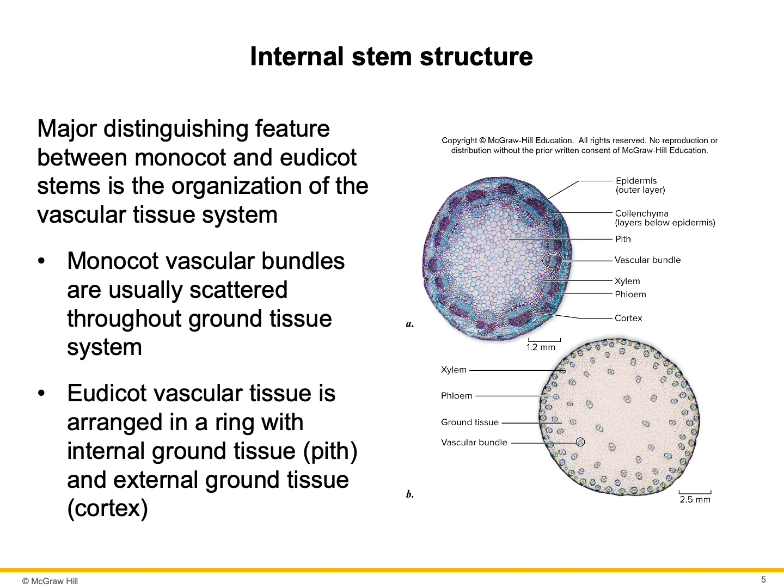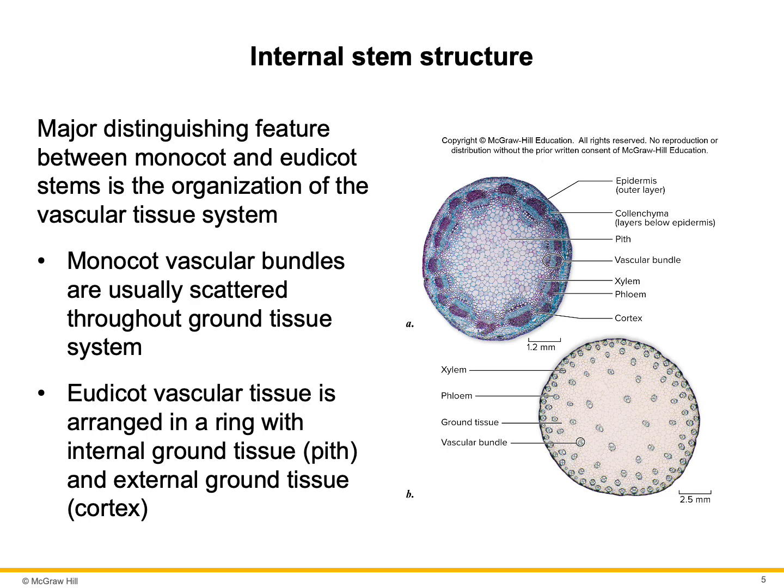When you look at the internal structures of stems, you can find different types of tissues such as xylem and phloem. Based on the organization of vascular tissues, you can distinguish between monocot and eudicot stems. In monocots, like in the lower picture, the vascular bundles are scattered throughout the ground tissue system.